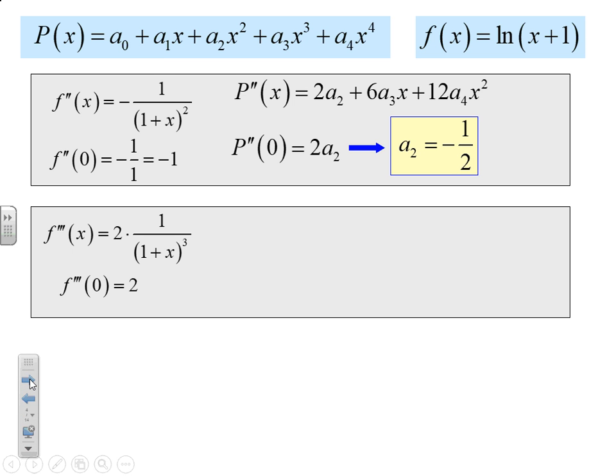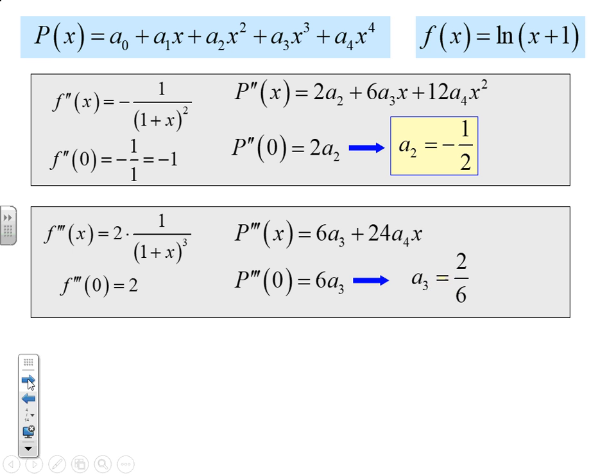Okay. Third derivative of our polynomial: 6a sub 3 plus 24a sub 4 x. What's going to happen? 2 over 6. I'm going to keep it as 2/6, and you'll see why in a moment.